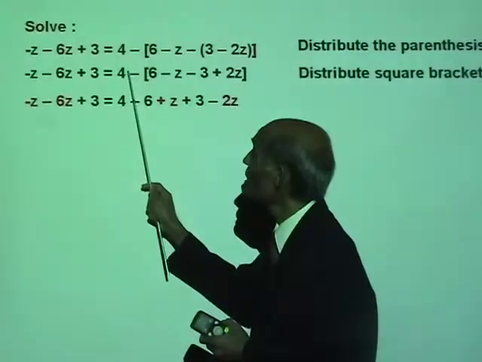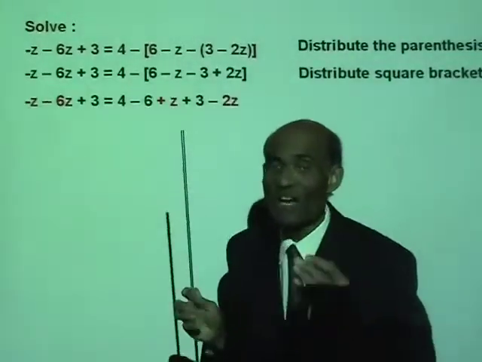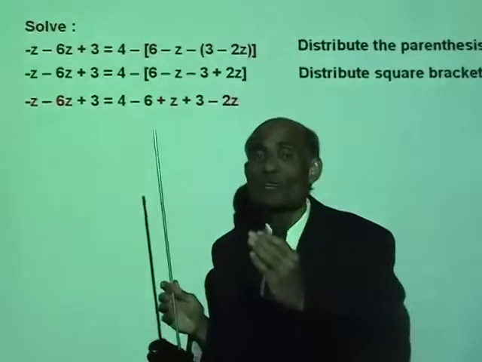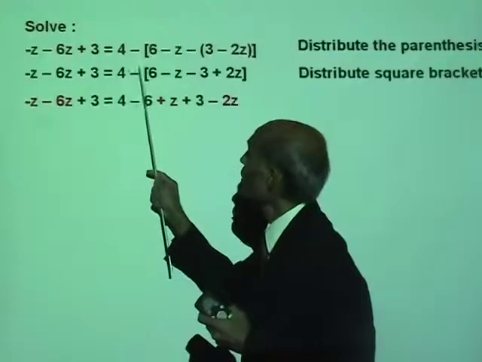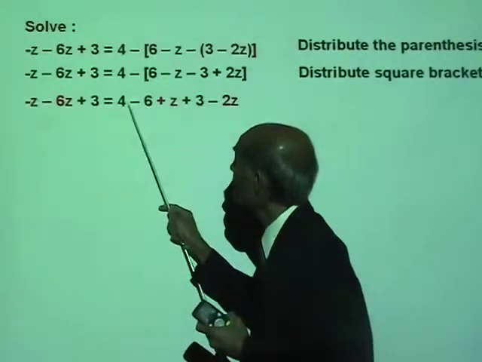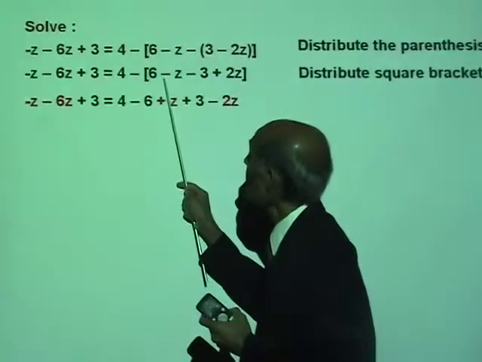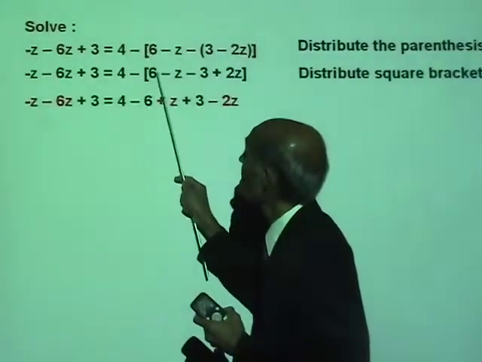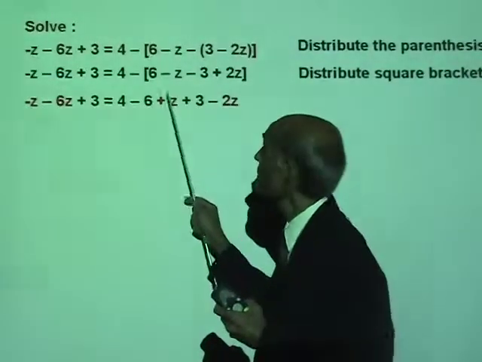I distributed this negative 1. A negative sign outside a parenthesis or a bracket is a negative 1. So negative 1 multiplied by 6 is negative 6. Negative 1 multiplied by negative z, and negative times a negative is a positive z.